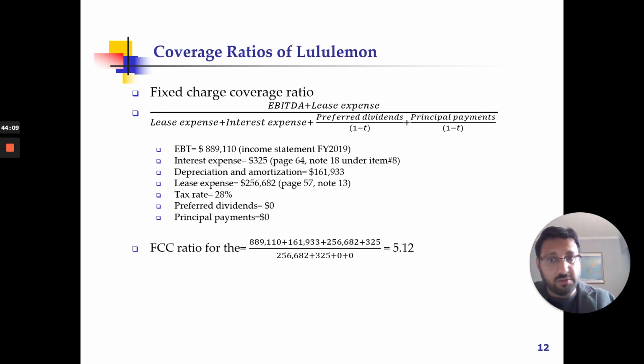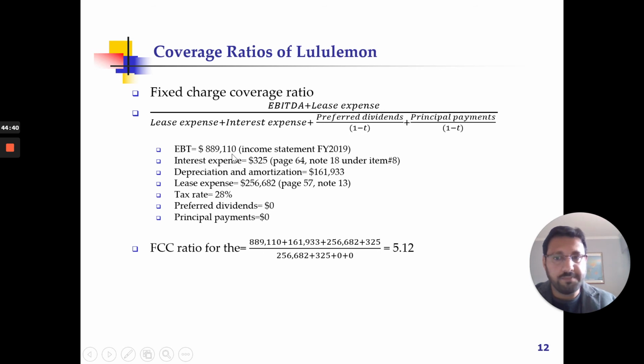So in case of Lululemon, for the EBITDA, I first calculated EBIT by adding the interest expense for the fiscal year 2019 back to the operating income, like EBT, which is earnings before tax of Lululemon for the fiscal year 2019. So from the income statement, I calculated EBT, which is 889,110.